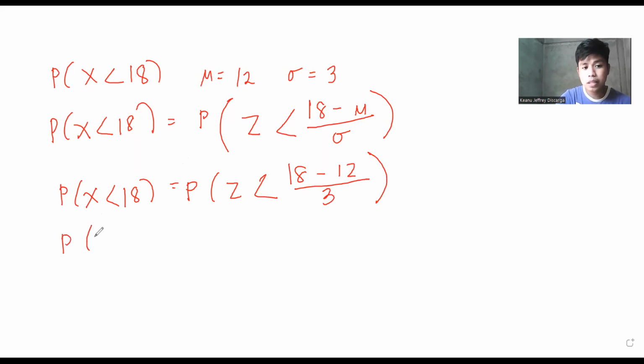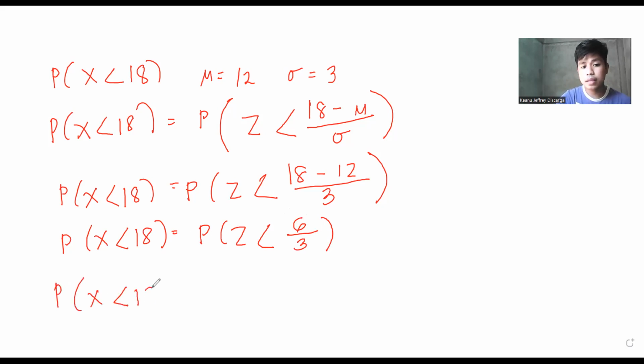So the probability of x less than 18 equals the probability of z less than 18 minus 12 is 6, divided by 3. So 6 over 3 is 2.